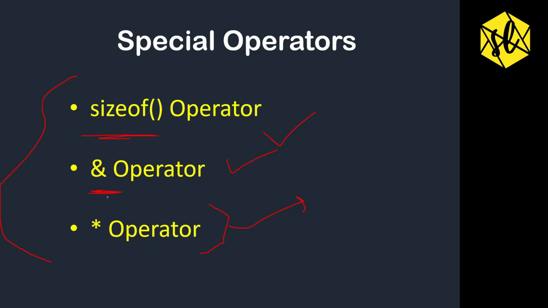Then only we can carry it. That is what these two operators do. The sizeof operator helps us calculate the size of a variable, and the ampersand operator helps us get the address of that variable.